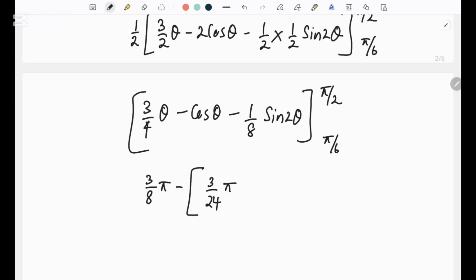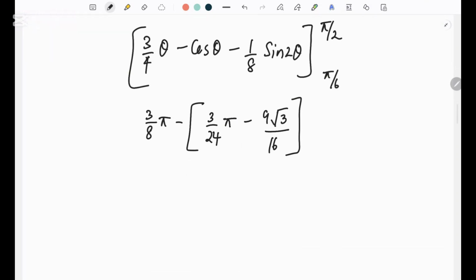And when you substitute pi over 6 into cos theta and sine 2 theta, I get negative 9 root 3 over 16. So this is going to be pi over 4 plus 9 root 3 over 16. So 3 over 8 minus 3 over 24 is 1 over 4.